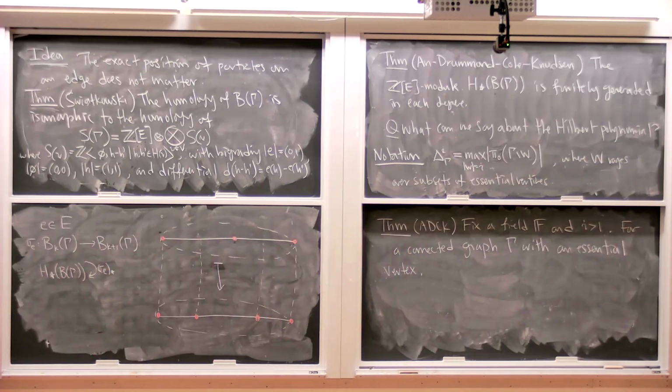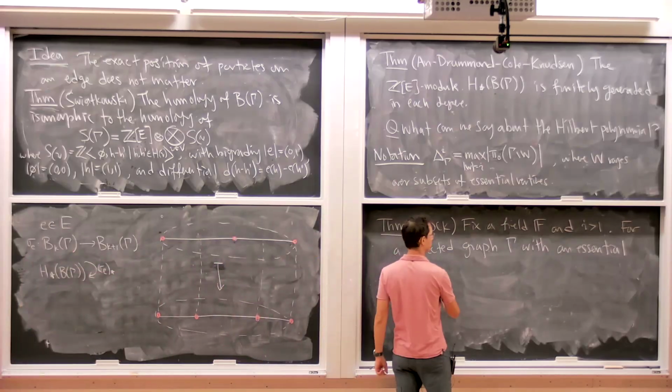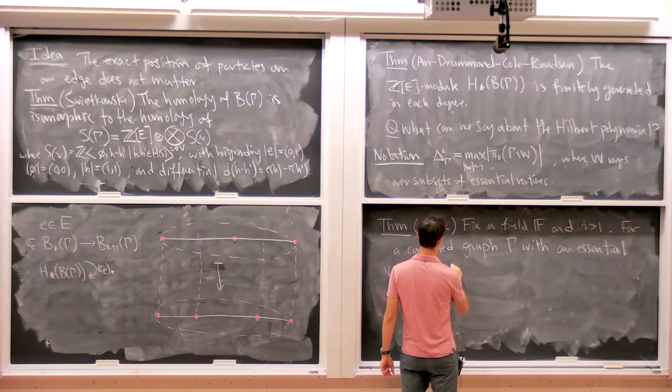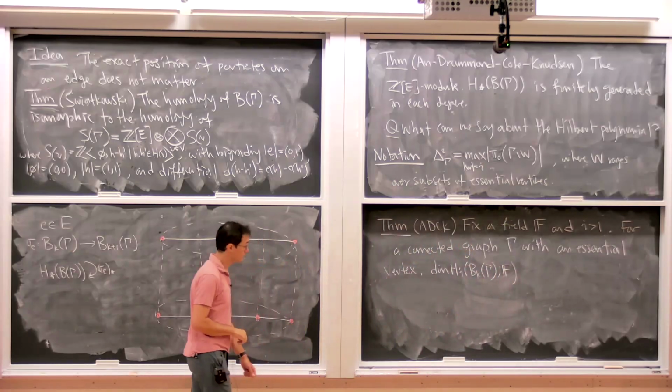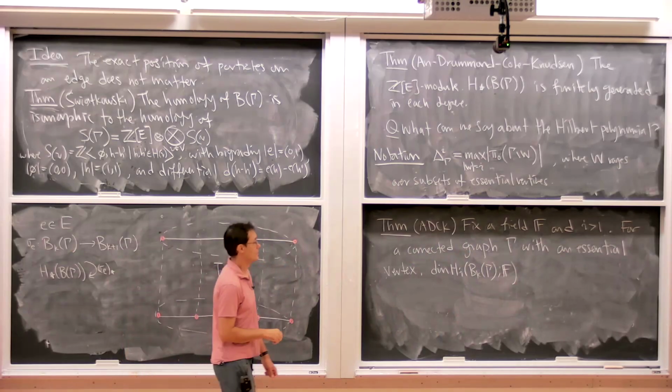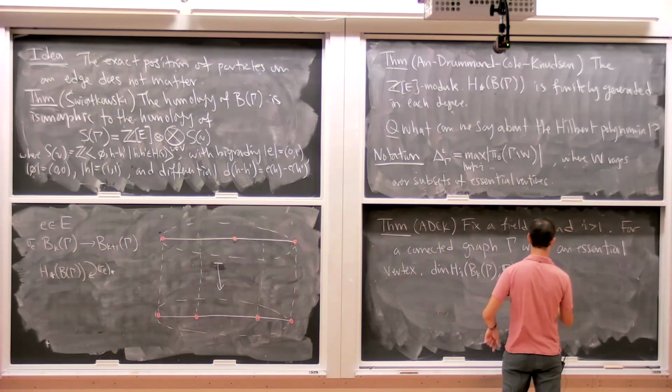Then what we can say is that the homology in degree I of the configuration spaces of the graph with coefficients in that field is eventually equal to a polynomial. That much follows from that theorem.